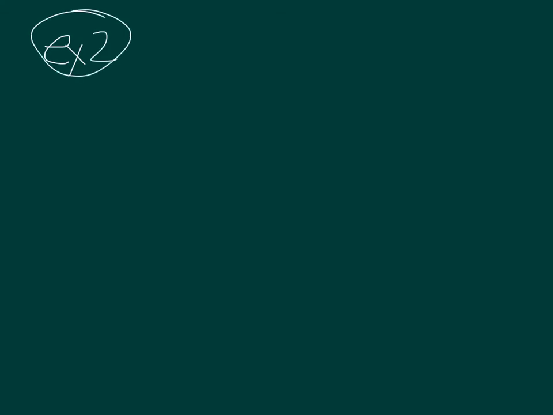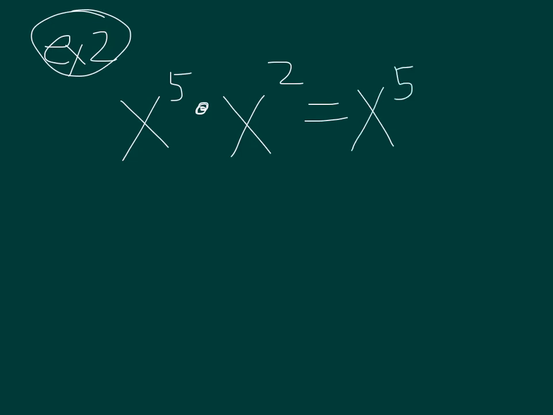Example 2 says x to the fifth times x squared. So again, since you're multiplying, you add the exponents. So it ends up being x to the 5 plus 2 power, which is x to the 7th.